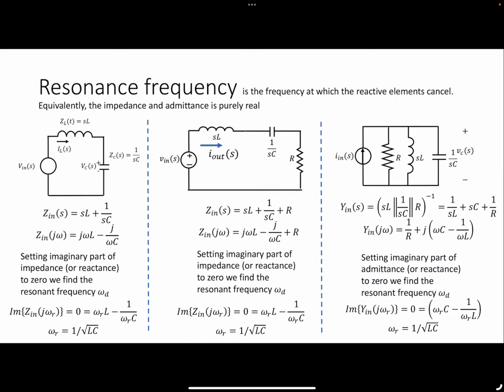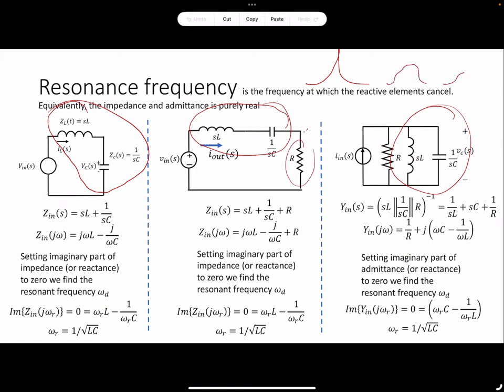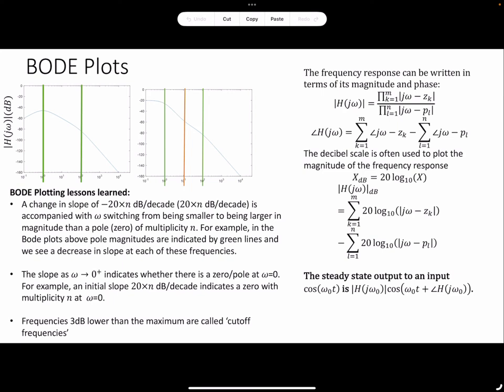In which case, for all of these circuits, it would mean that these two impedances cancel each other out. And so in this case, you end up with an infinite response, and that's why the response for this circuit looks like this. And as you increase resistance, it becomes flatter and flatter and flatter. Yeah, so that's basically resonance frequency.